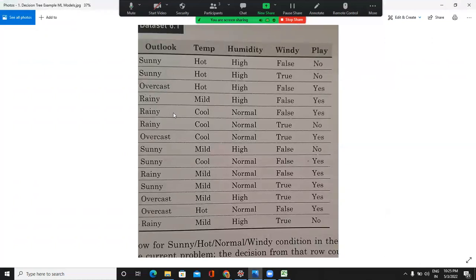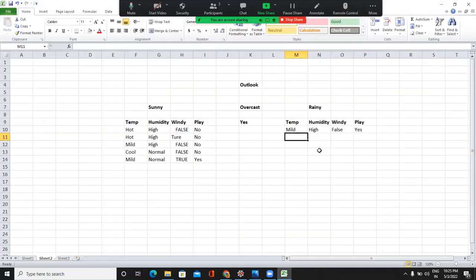One rainy done. Second rainy: cool, normal, false, yes.